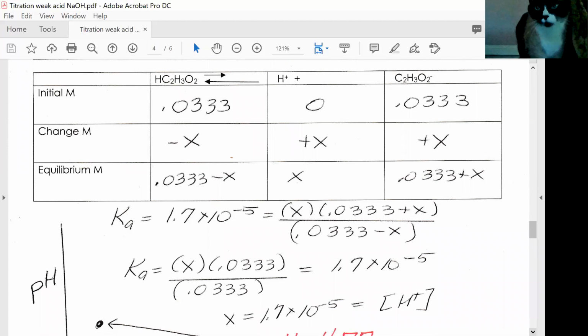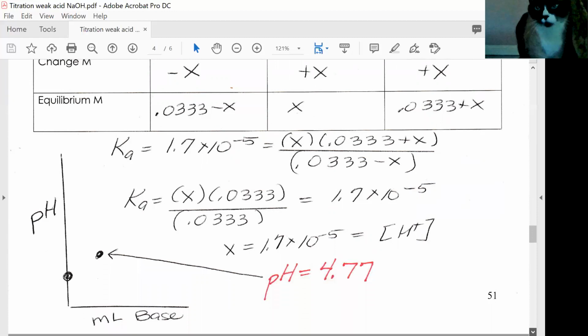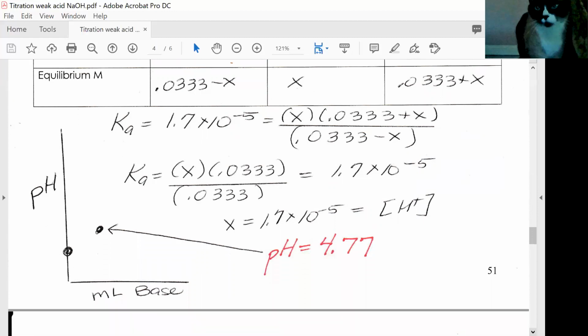So this simplifies, and notice in this case, the 0.0333 and the 0.0333 cancel. So our x is 1.7 times 10 to the minus 5. That's our hydrogen ion concentration.